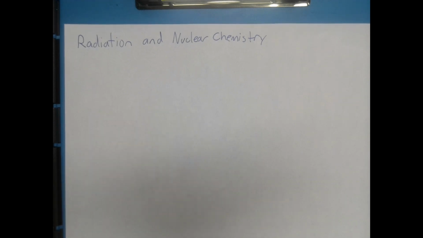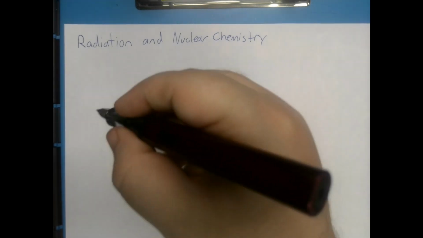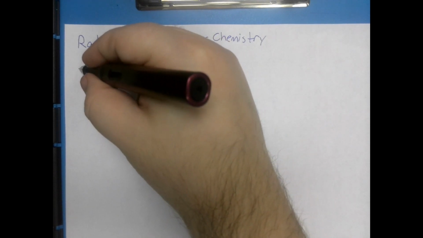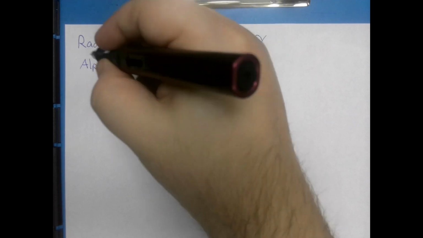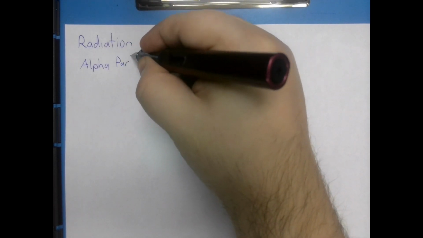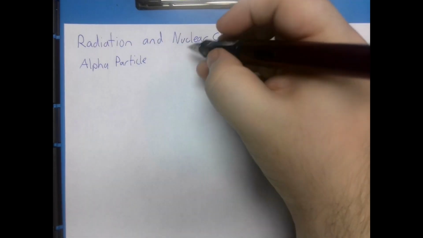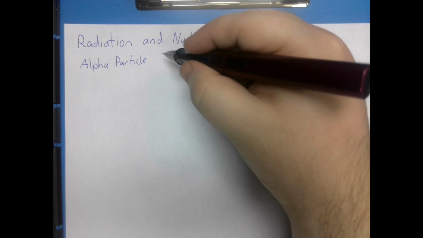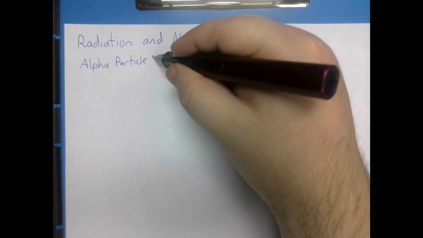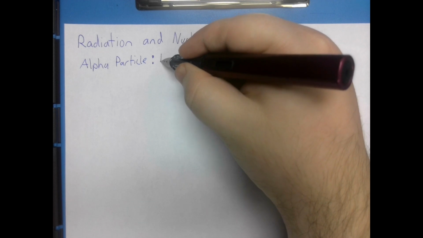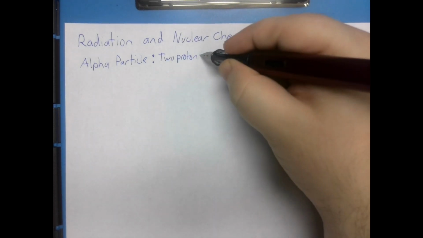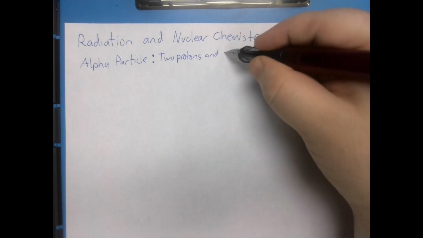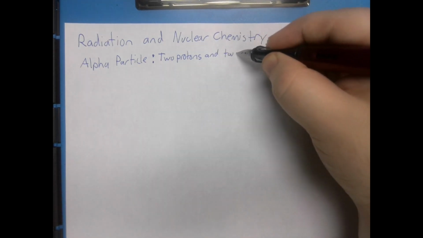So we have a few named particles. An alpha particle. Its composition is 2 protons and 2 neutrons.